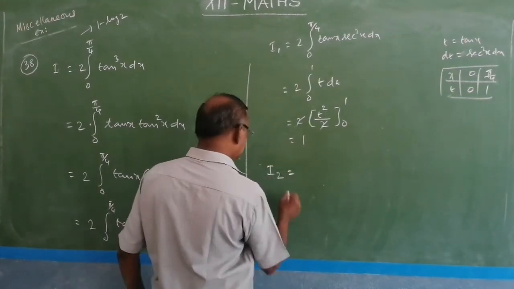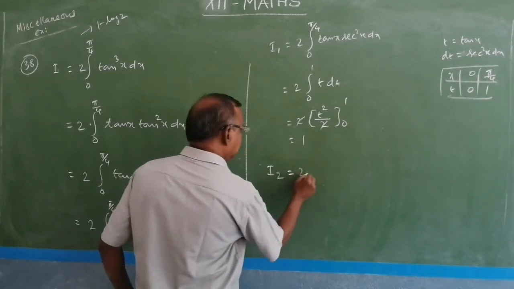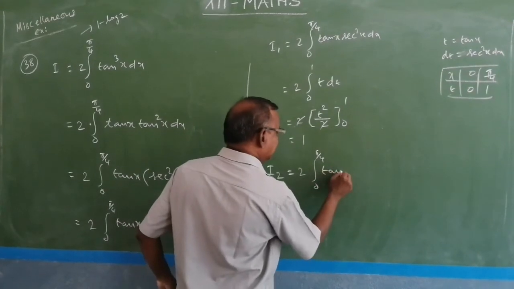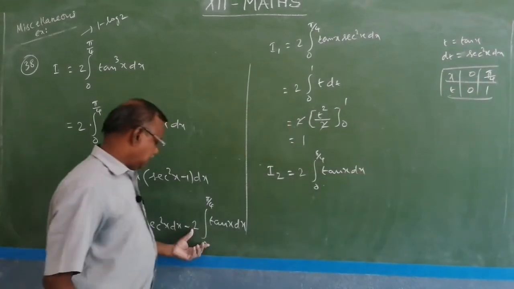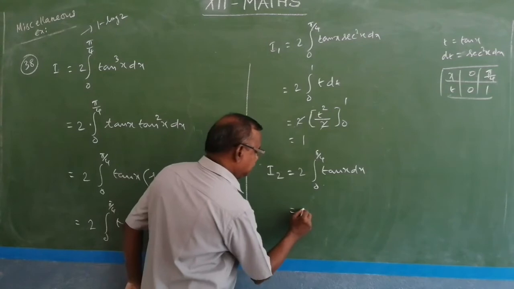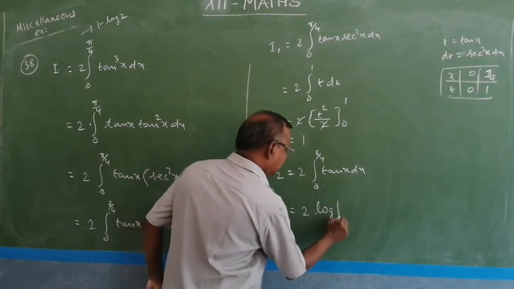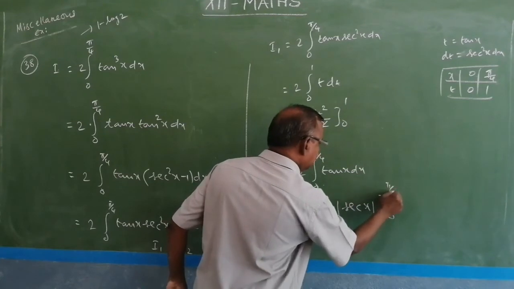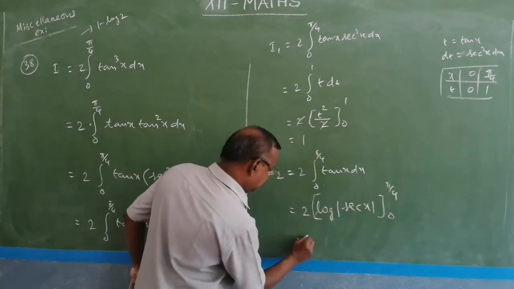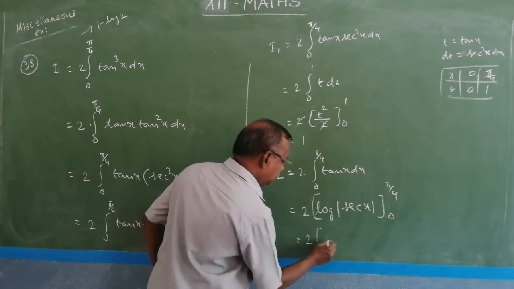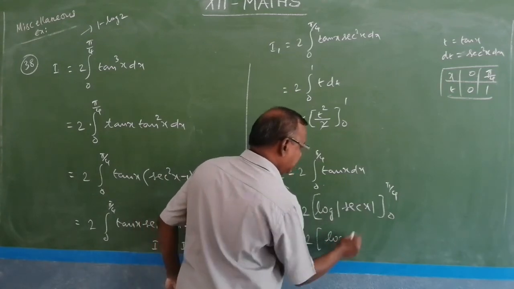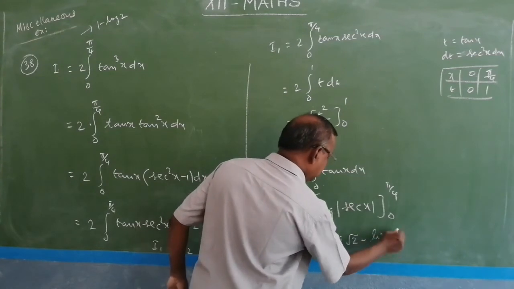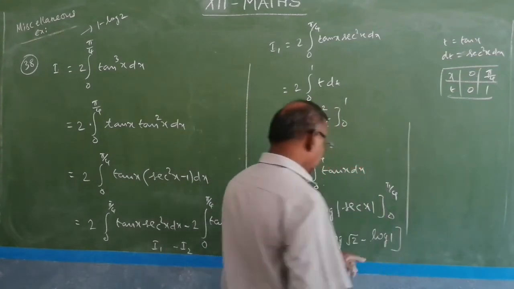I2 equal to 2 into integral 0 to pi by 4 of tan x into dx. This is I2. So this is equal to 2 into log of modulus of secant x from 0 to pi by 4. So this is equal to 2 into upper limit log secant pi by 4, which means root 2, minus log secant 0, which means log 1 equal to 0.